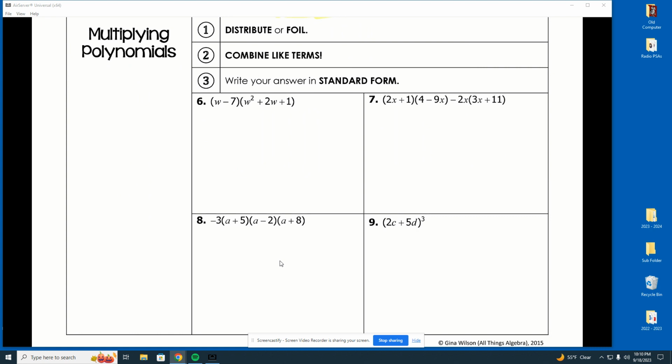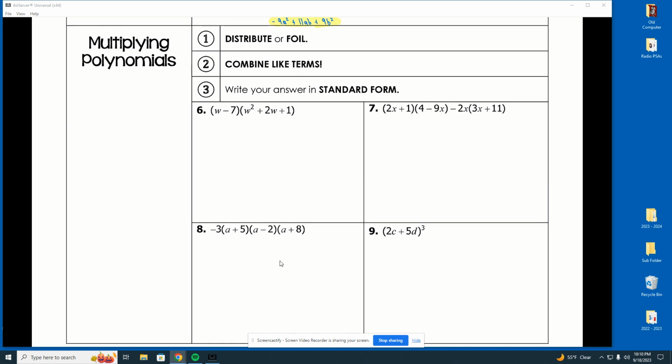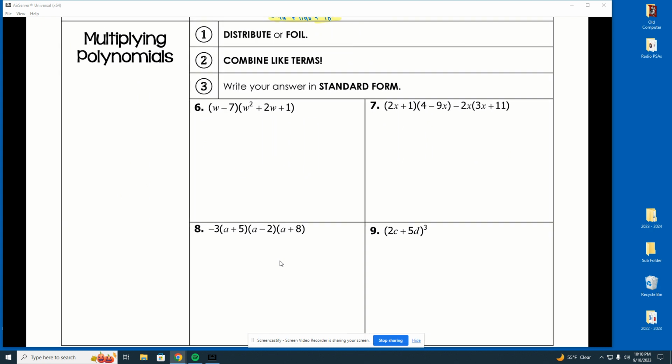So let's go ahead and jump in. Now, remember yesterday I went to this just to make sure you guys could clearly see the difference between what we did yesterday, adding and subtracting, and these. Look, here there is nothing in between those two polynomials. They're just jammed right next to each other.